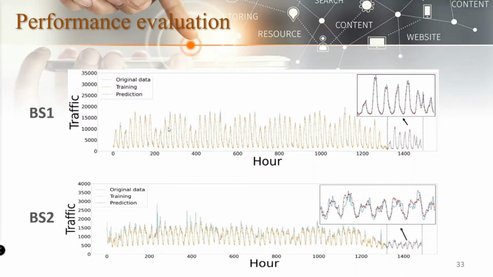The blue line is the original data, the green line is training data, and the red line is testing data. We can see that for base stations with stable traffic changes, the prediction effect is very good. But for the base station with drastic changes in traffic, the prediction result can be improved.